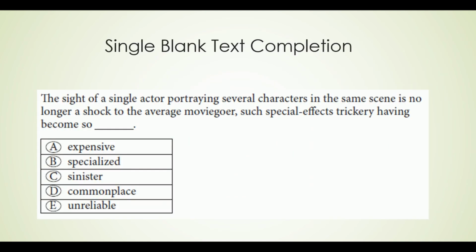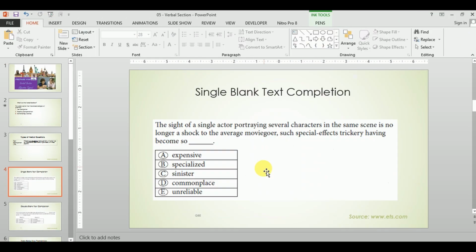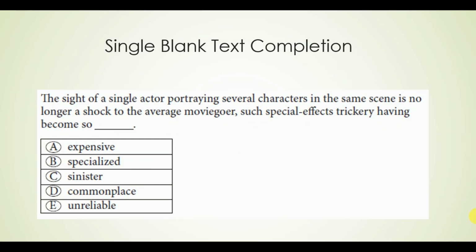So for example, here you have a single blank text completion, with only a single blank.